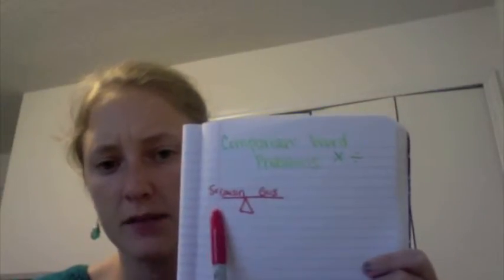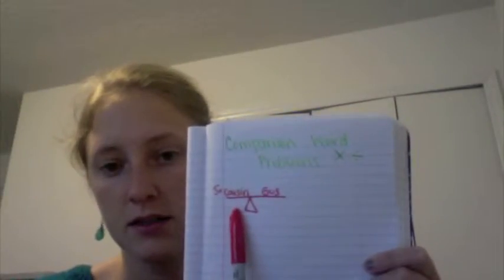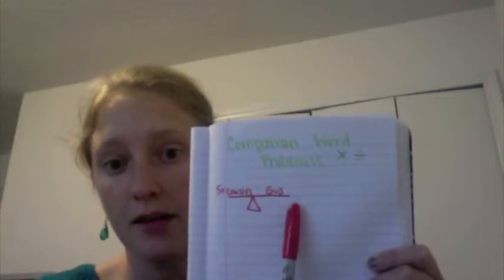So I'm 5 times my cousin is Miss Gus's age. And so this is what it's looking like on my scale. 5 times the age of my cousin makes it balanced with Miss Gus. So that's equal. So if I write my equation out, 5 times C equals G.